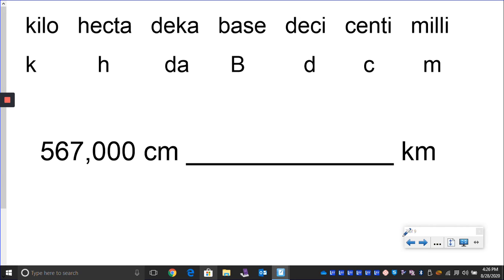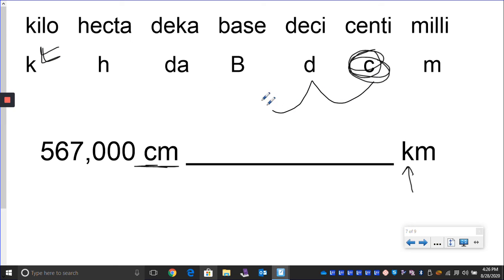Last one, ladies and gentlemen, we'll do for you today. We have 567,000 centimeters. That's right here on my metric prefix ladder. We're going from centimeters this time, to kilo, K, kilometers, way over here. So we'll swing our decimal point 1, 2, 3, 4, 5 swingy dingies.